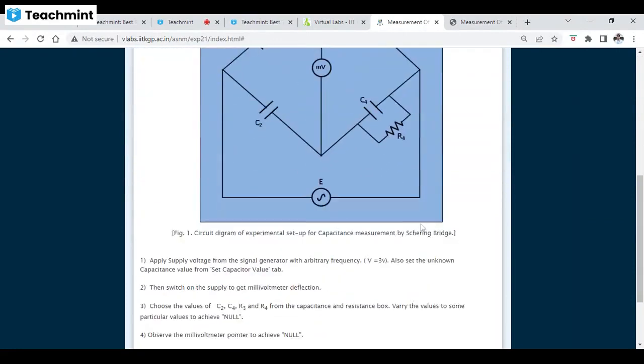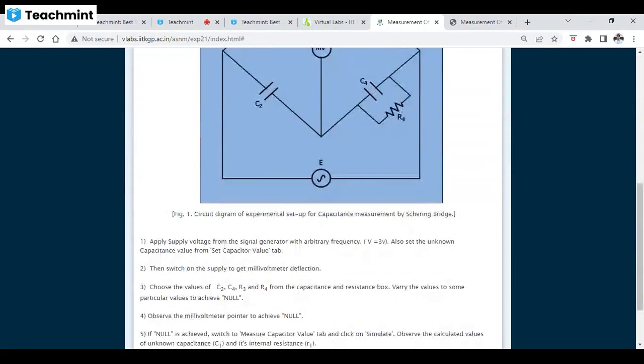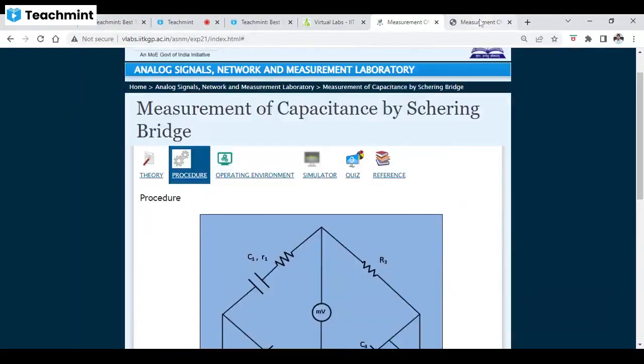Procedure: first we apply the voltage from the signal generator or arbitrary frequency generator, which is V equals 3 volt, and also set the unknown capacitance value from the set variable tab. Just go to the simulator part.